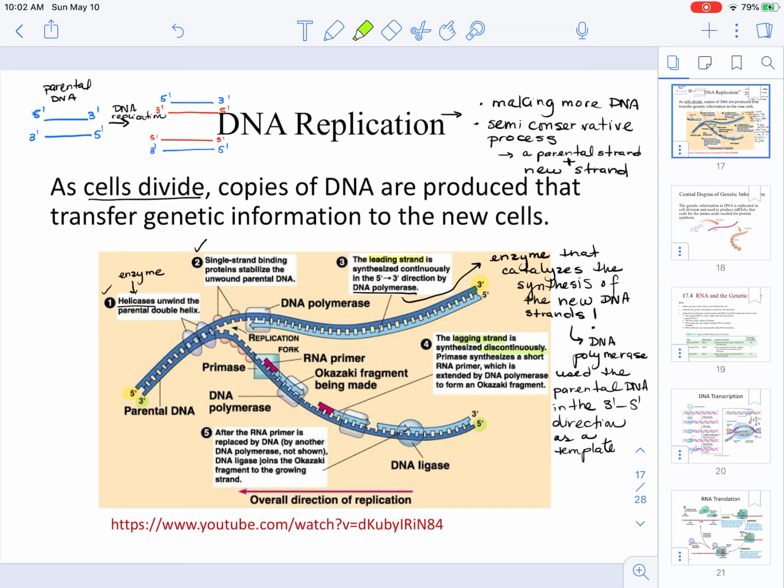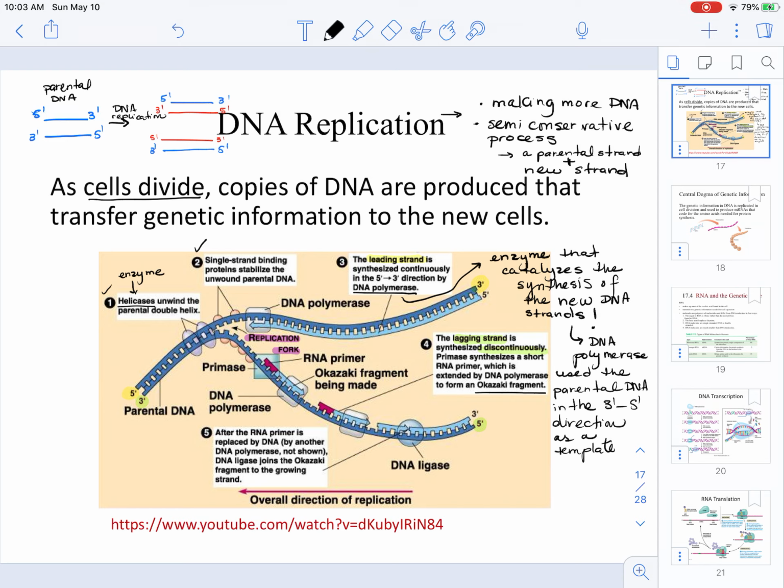Understand that the place where the unzipping happened is known as the replication fork, because that's where everything is coming apart in order to synthesize these brand new strands. Now, remember that the lagging strand is going to be made in pieces, and these pieces have a name. They're called Okazaki fragments.